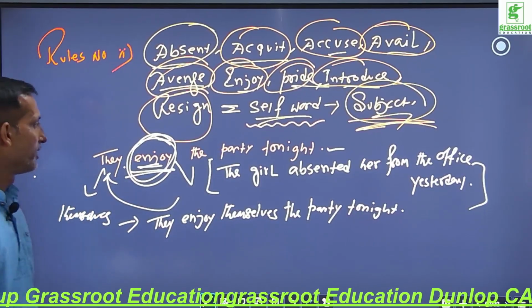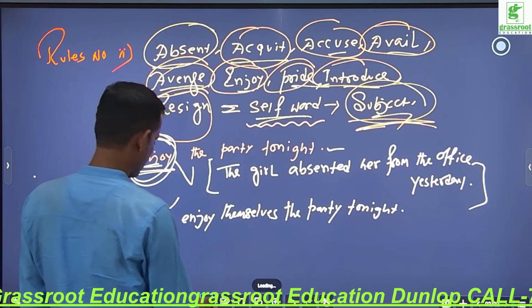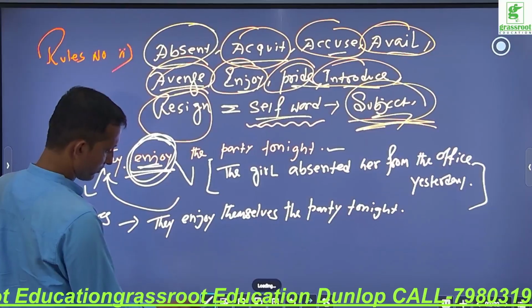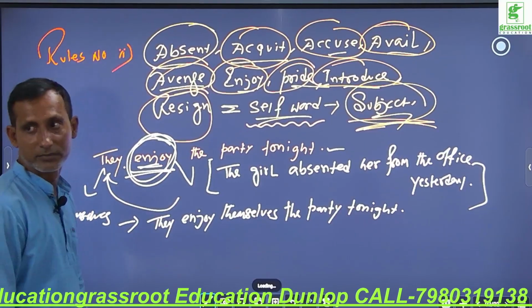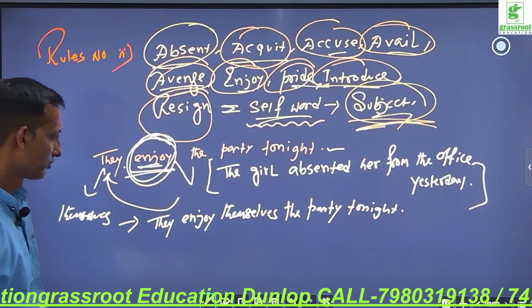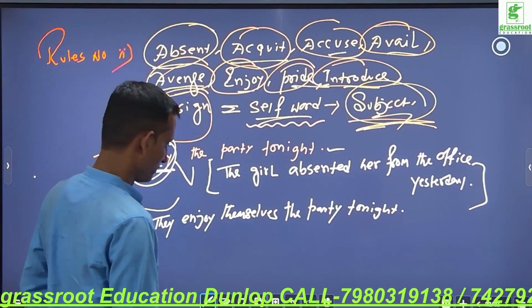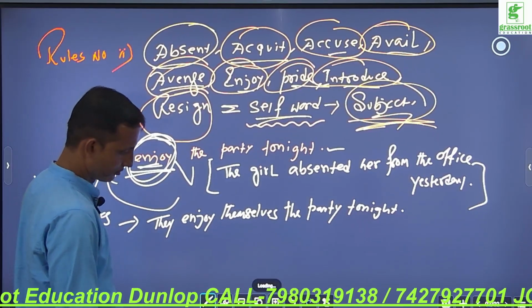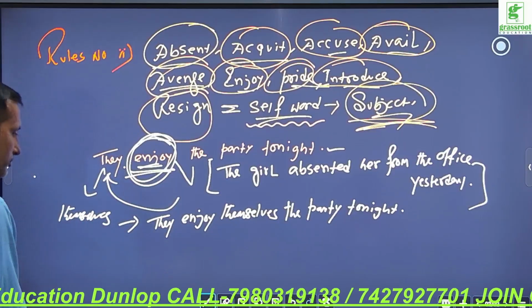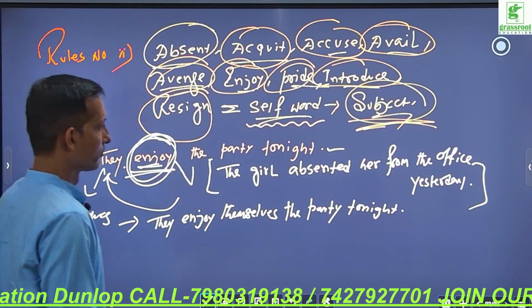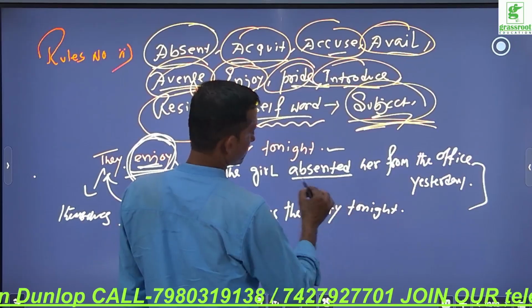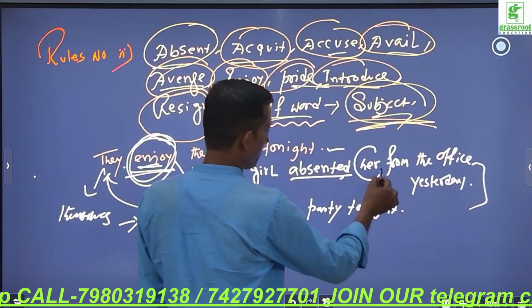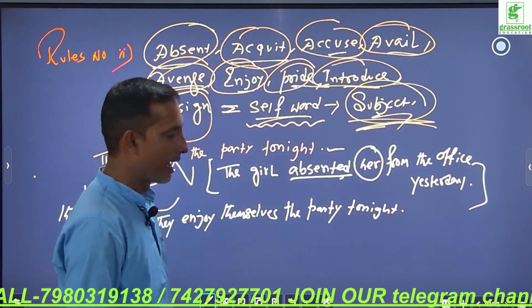Here the verb absent is used. Here absent is in active form. So you have to use a self pronoun according to the subject.